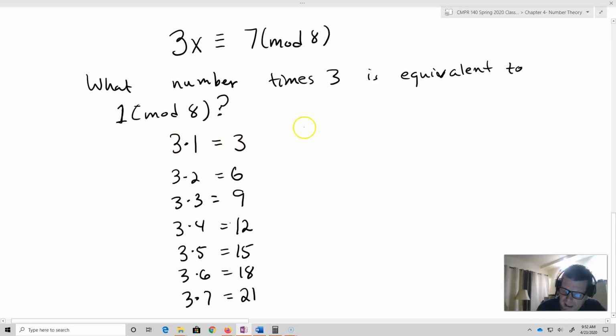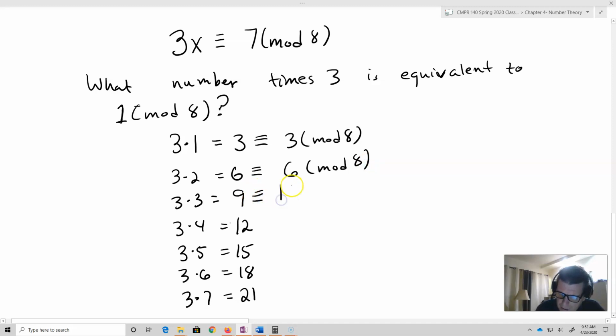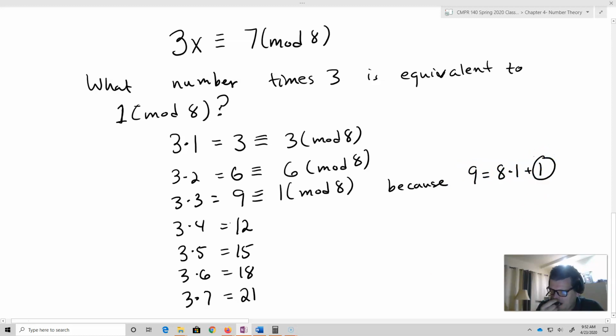Now, 3 is equivalent to 3 mod 8, so that's not it. It's not 1. 6 is equivalent to just 6 mod 8. But 9 is going to end up being equivalent to 1 mod 8, because 9 equals 8 times 1 plus 1. There it is. Its remainder is 1 when we divide it by 8 using the division algorithm.